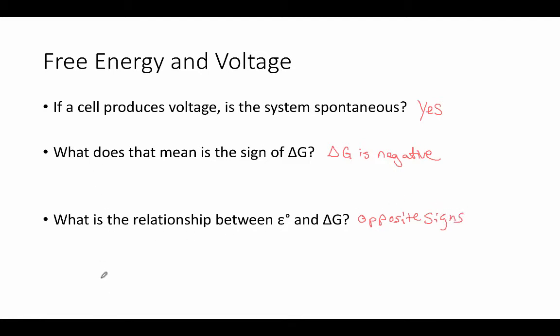Okay, and it actually brings us to an equation: delta G is equal to negative nFE. N is the moles of electrons being transferred between the anode and the cathode. F is something called Faraday's constant.